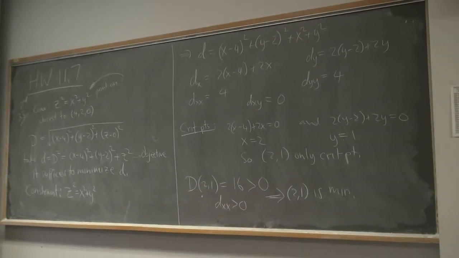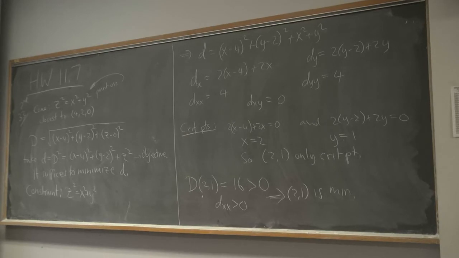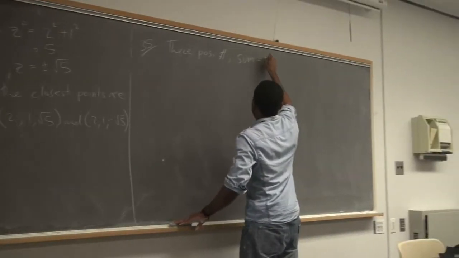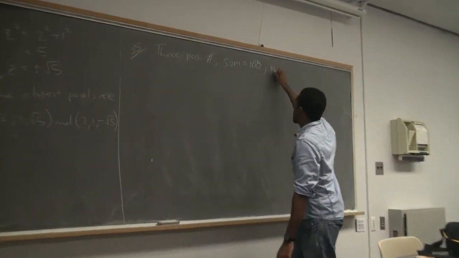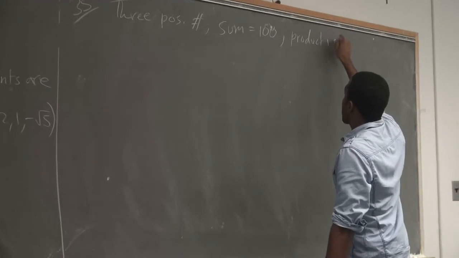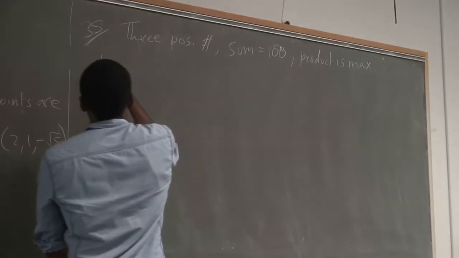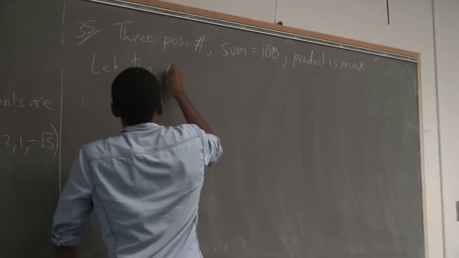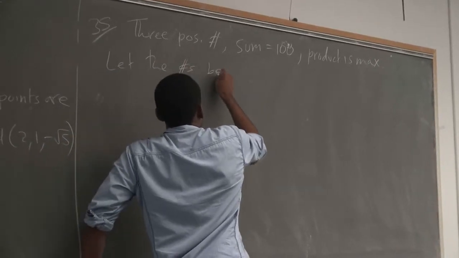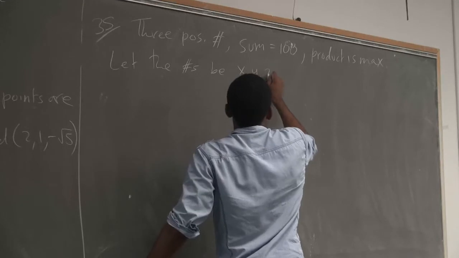What is 35? Yeah. You have to find three positive numbers whose sum is 100 and whose product is the maximum. So let the numbers be x, y, z.